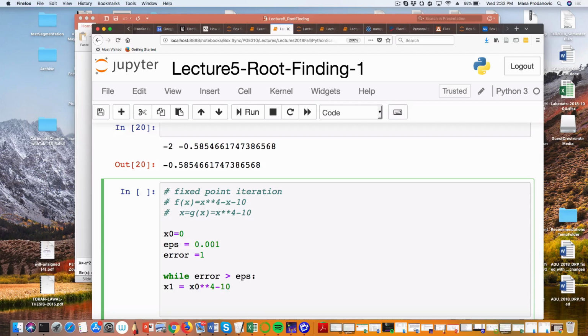Do what? Compute my next one. Error is my absolute value. I'll import NumPy.